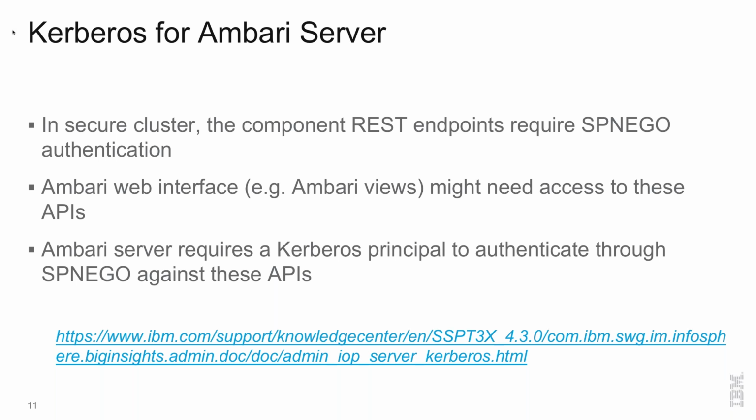And that one is not automatically set up by the automated Kerberization that we talked about before. So you need to configure it manually. This step is also documented, so you can get details from the link below. That's the part I wanted to mention, because this is not part of automated Kerberization.